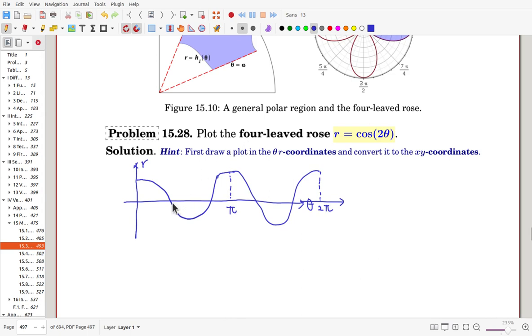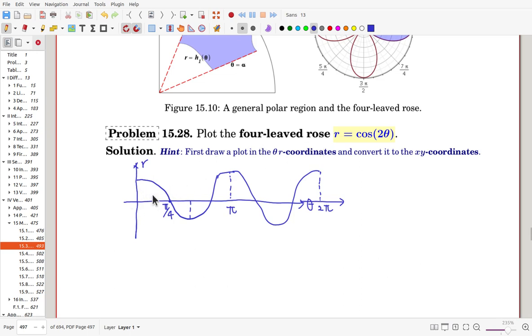Of course this is half pi, and that is pi over 4, and so on. Once theta is pi over 4, 2 theta is pi over 2, so cosine pi over 2 is 0, and now r becomes negative. That is the curve in theta-r coordinates.